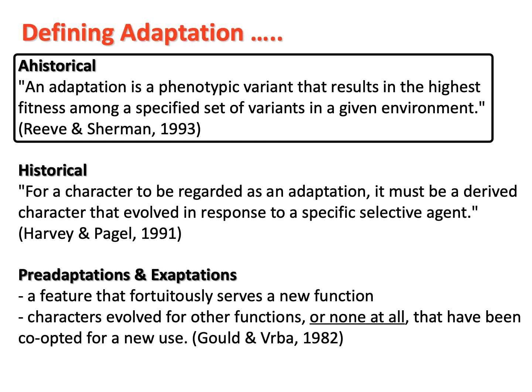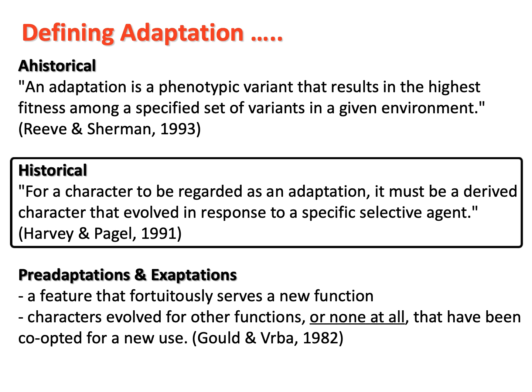So the first is an adaptation is a phenotypic variant that results in the highest fitness among a specified set of variants in a given gene environment. Fair enough. Historical, for a character to be regarded as an adaptation, it must be a derived character that evolved in response to a specific selective agent.